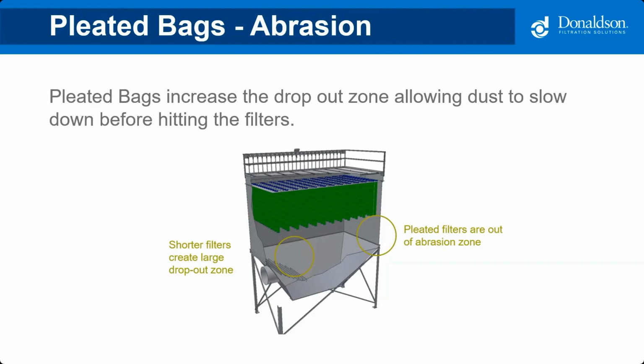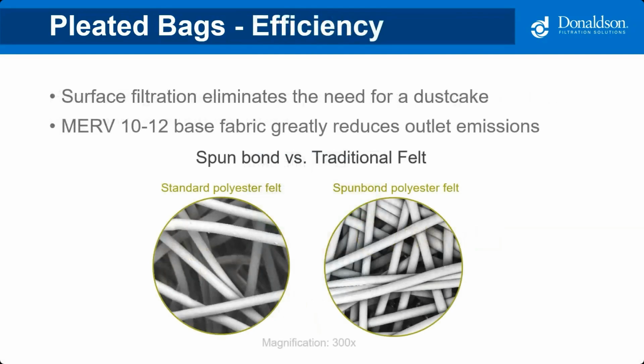And so if you currently have 10-foot bags that are getting holes in them, go ahead and switch over to the pleated bags, and you're going to go from 120 inches to 80 inches, or maybe even less if your AMR will allow it. And you're going to lift those filters up out of that gas stream, and you're going to let that dust settle out before it ever reaches the filter. Plus, the bottom of the filters are typically made of a hard polyurethane puck, so even the dust that does smash into the bottoms of those filters isn't going to wear it away like it does on a felt filter.